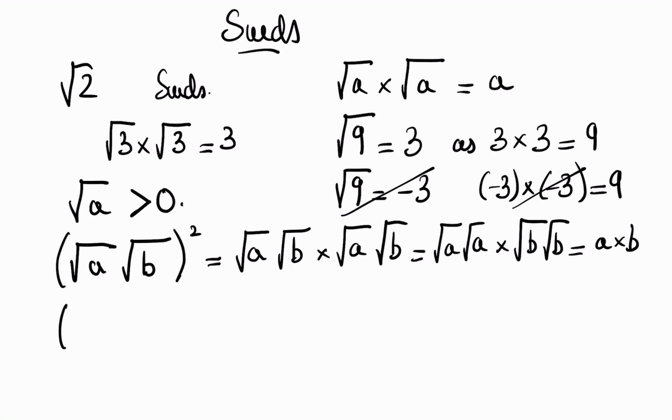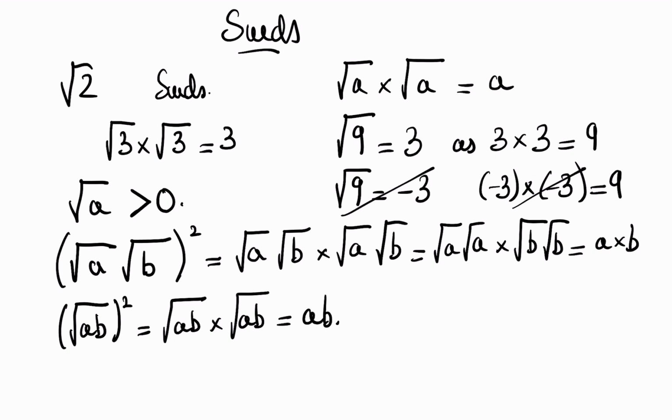Now, what about square root of AB squared? Well, that's square root of AB times square root of AB, which by definition is AB.